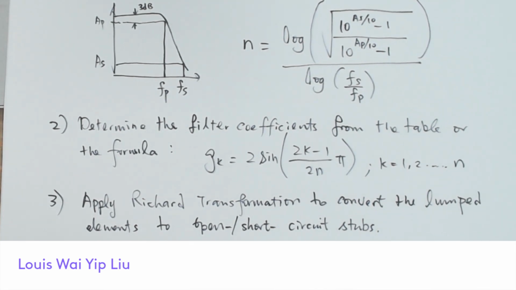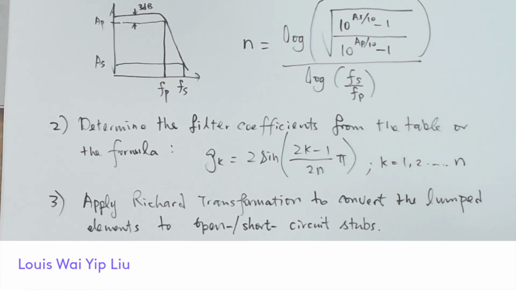Step 4 is a little bit tricky, because we normally implement the filter on a printed circuit with no short circuit stubs.